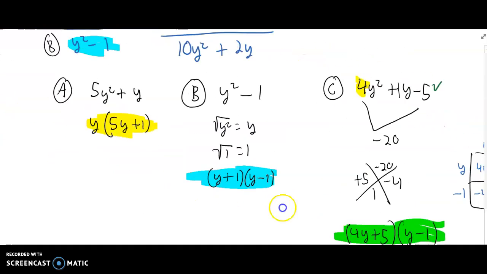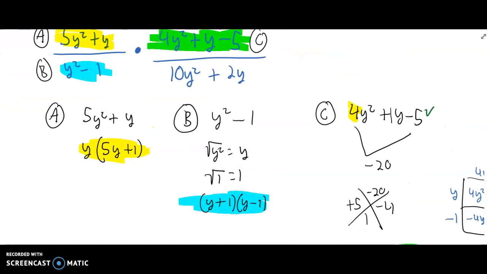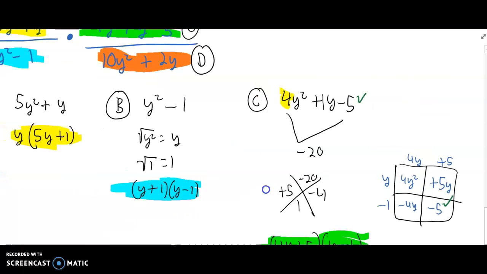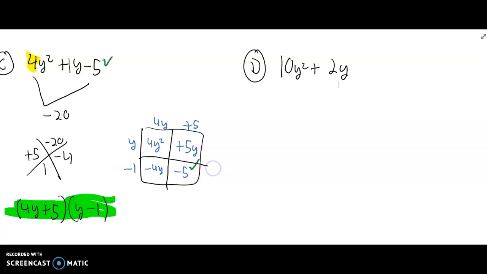Okay, great, just one more. We're going to make this guy our orange part D. Okay, that's 10y squared plus 2y. Always double check these. 10y squared plus 2y, great.